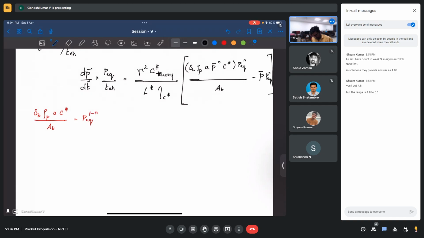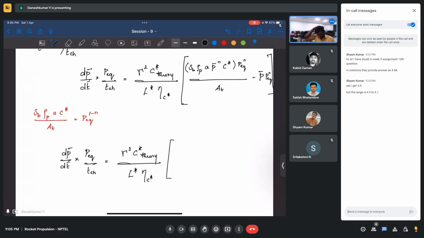If we substitute that here, P equilibrium divided by T characteristic is equal to gamma star theory divided by L star eta C star.